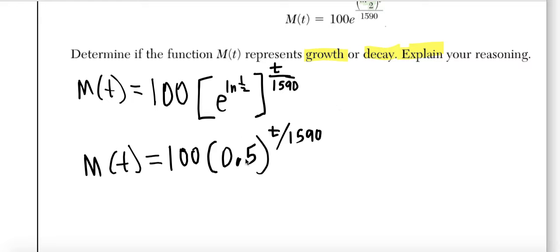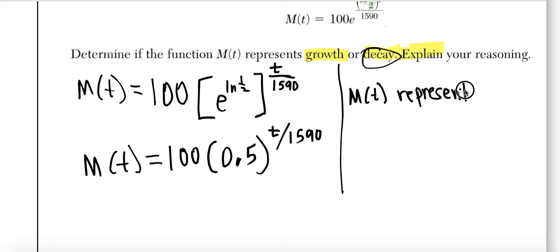Or it decays at a rate of 50% every 1590 years, right? So determine which one it represents. I'm going to say that m of t represents exponential decay.